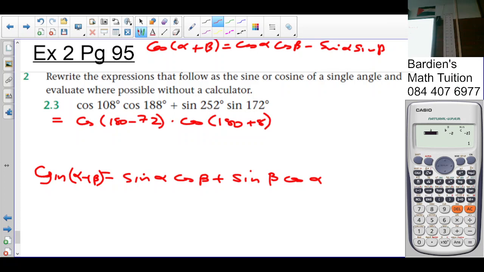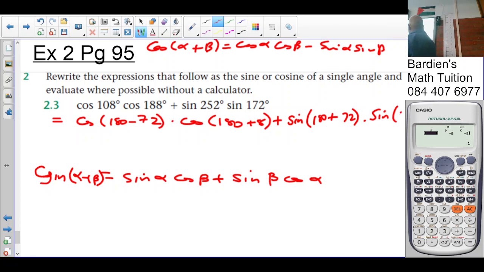But the angles we're going to use, we're going to try and incorporate 72 and 8 as much as we can. So it's going to become plus 252, which is in which quadrant? Third quadrant. So it's 180 plus 72 times 172, which is in which quadrant? 2. So that will simply be sine of 180 minus. Can you see 72 and 8 I've used again? You guys understand?